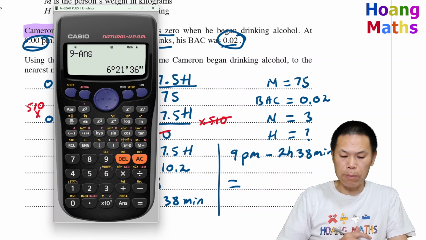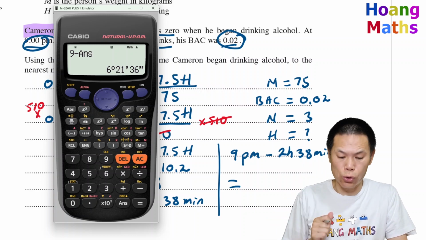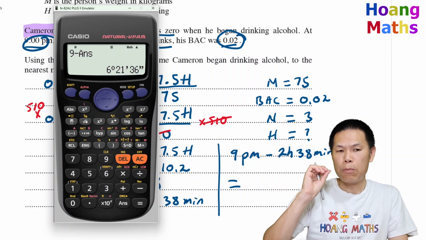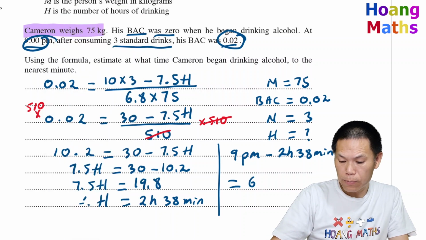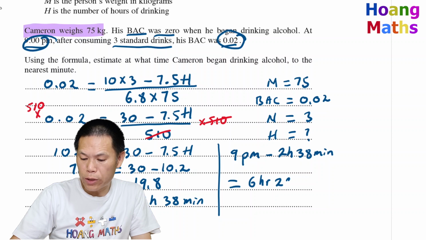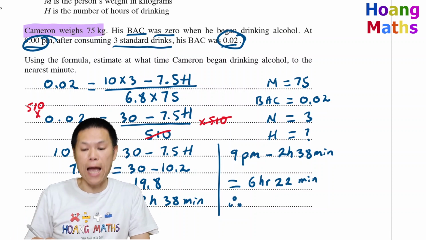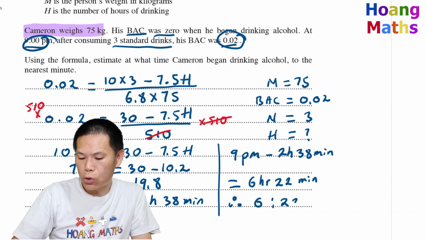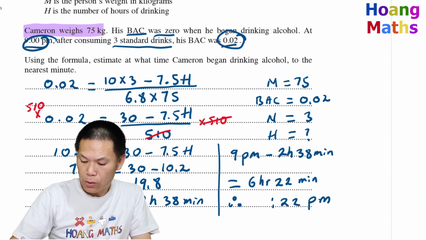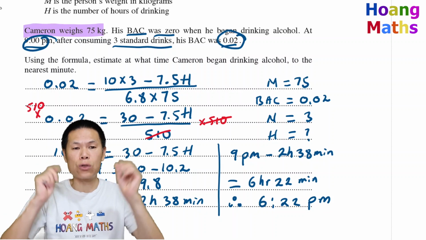Press the DMS button. So 6 hours and 22 minutes, because it's more than 30 seconds. So therefore, we need to write it in time: 6:22 p.m. So that is the time when he started drinking.